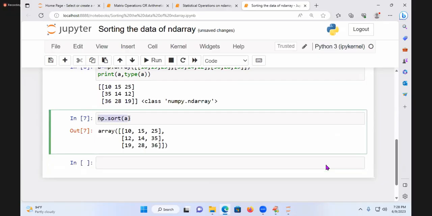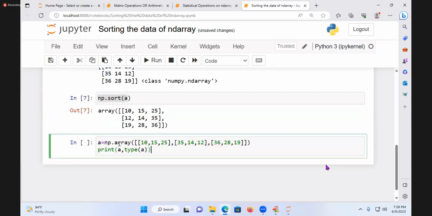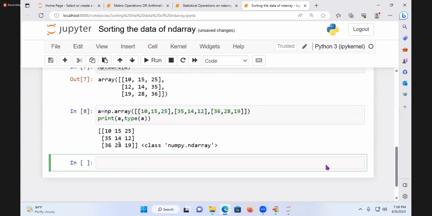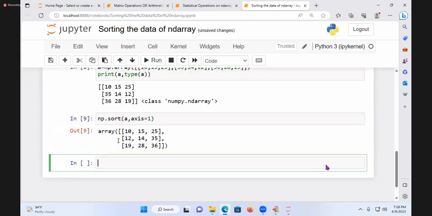Now I want to say once again, I will say NP dot sort of A comma axis is equal to 1. You observe it. What is happening?